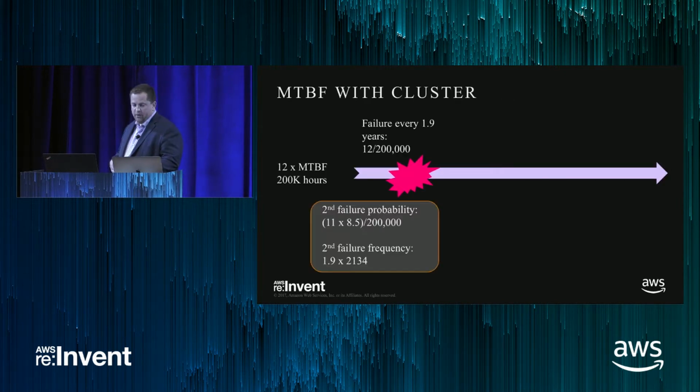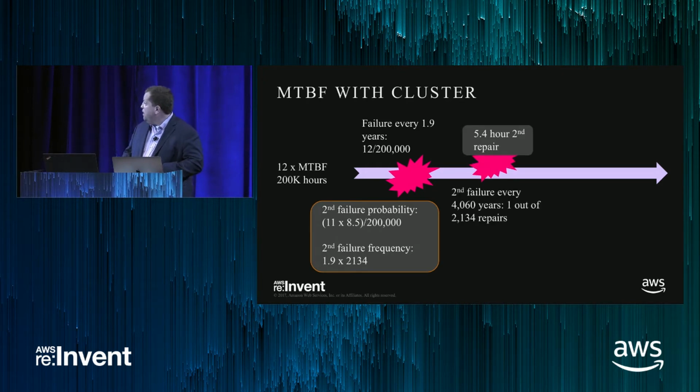So now, because you have 12 of them, you're looking at the probability of not 1 over 200,000 hours, but 12 over 200,000 hours, and it's a much larger number. If it takes you 8.5 hours to repair, that means that during that 8.5 hours, the probability is now different. It was 12 over 200,000.